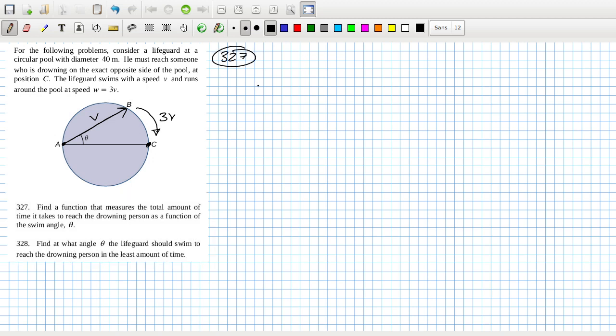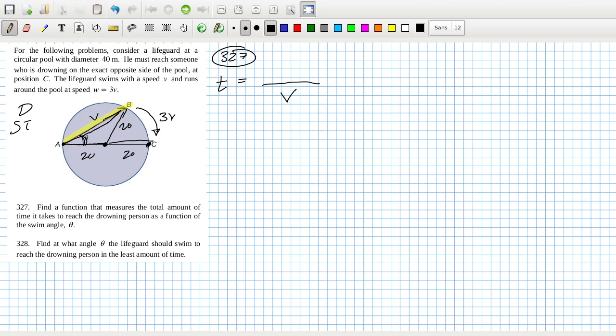Okay, the time would be this length. So remember, we have distance, speed, time. So time is distance over speed. So it'll be that distance over the speed, which is v. And that distance there, well, we know the theta, and we know that this here, that's 20, that's 20, that's 20.